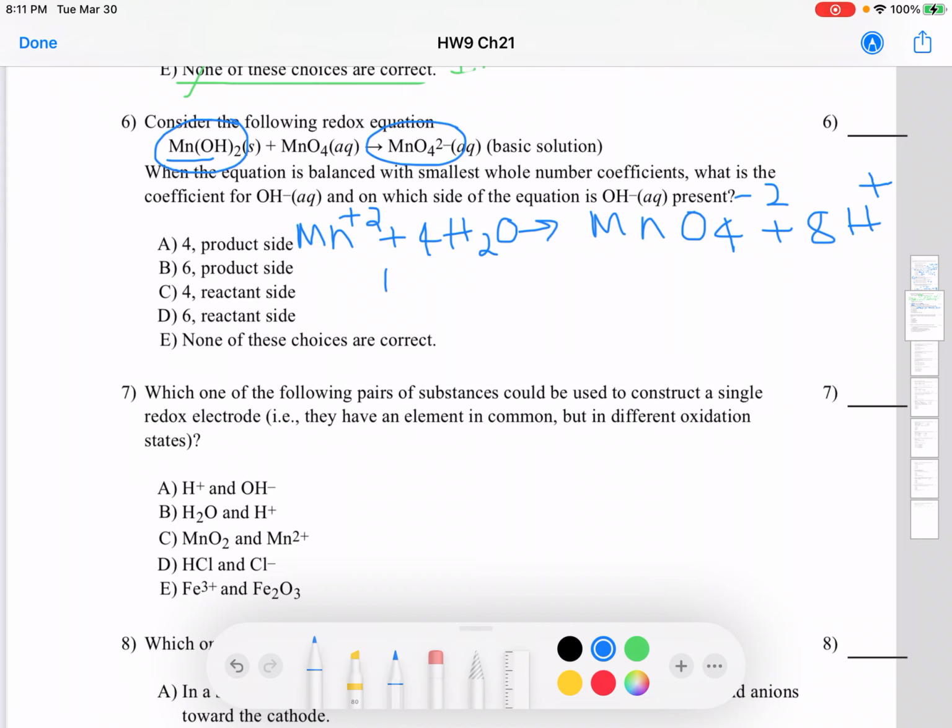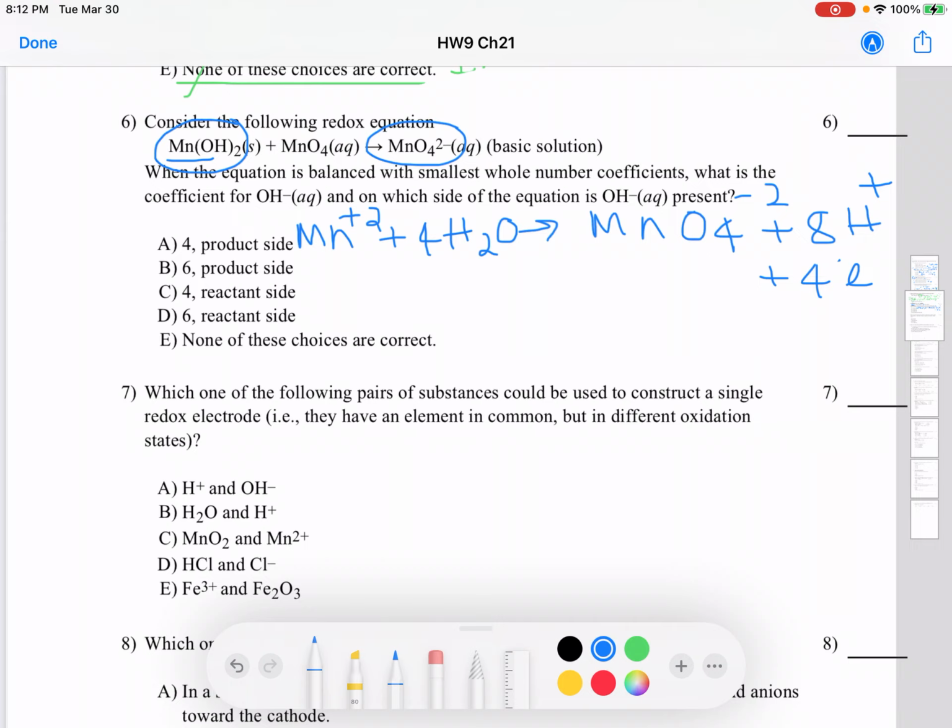Now let's see, plus 2 is the charge of this side; minus 2 plus 8 equals plus 6. Plus 2 to plus 6 goes by losing 4 electrons. Correct? So we're going to be adding 4 electrons to the right. That's one reaction.